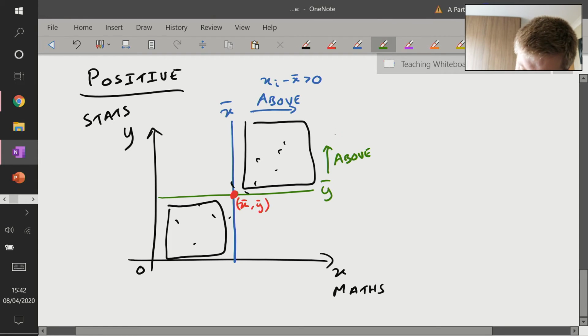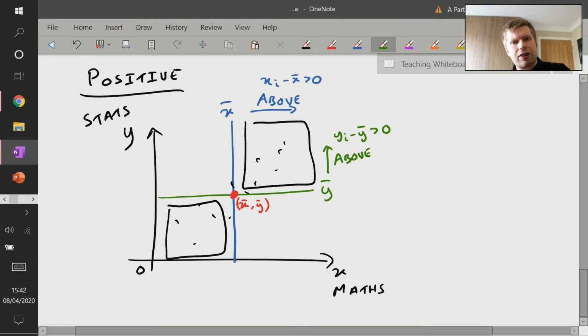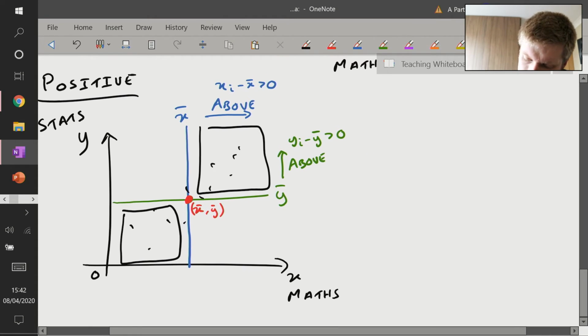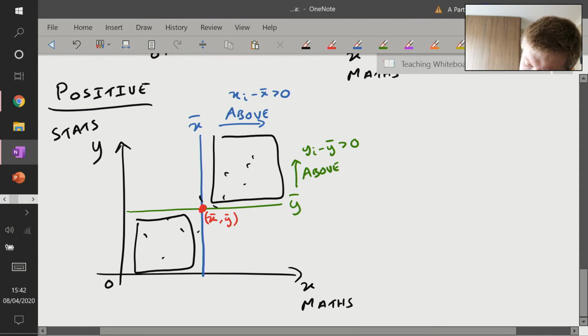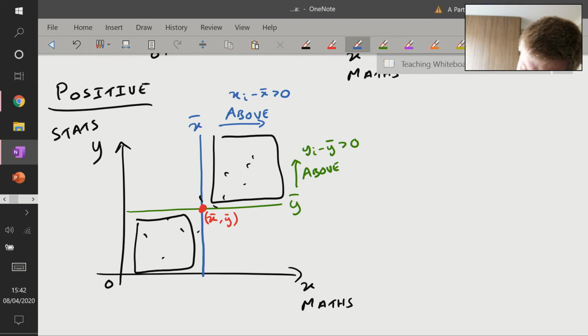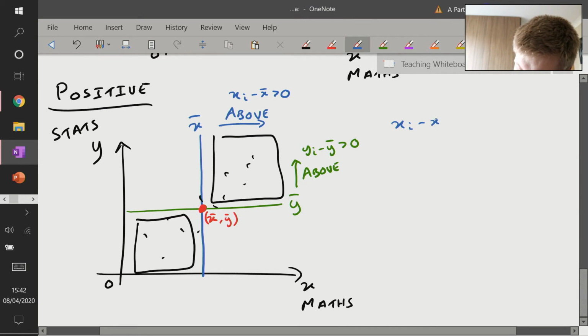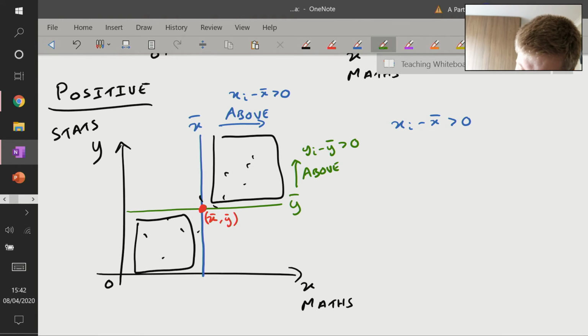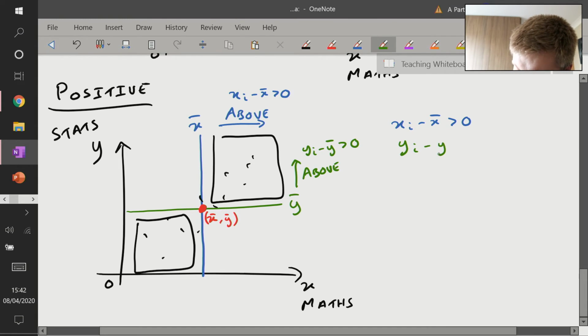Remember I said that if you're above average, yi minus y bar should be positive. Wouldn't it be nice if I could combine that together in some way? In other words, if I'm in the top right quadrant, xi minus x bar is greater than 0 and yi minus y bar is also greater than 0. You're above average on both.